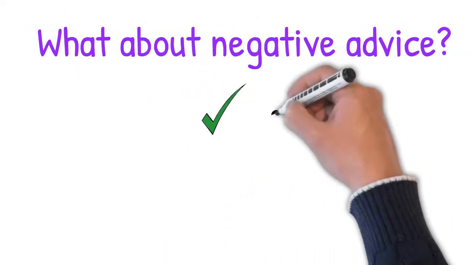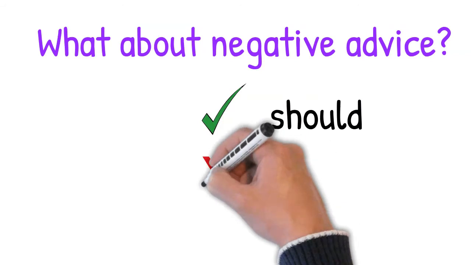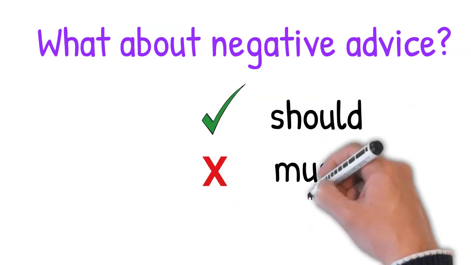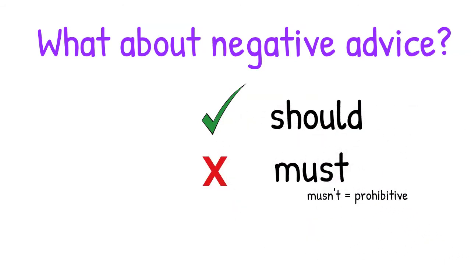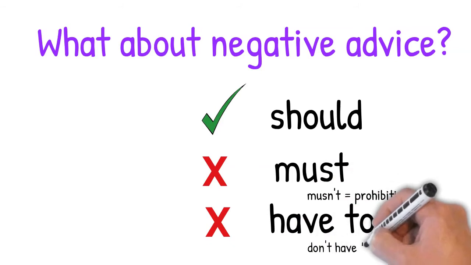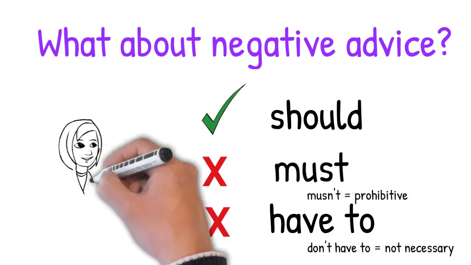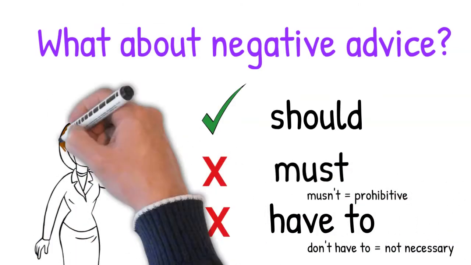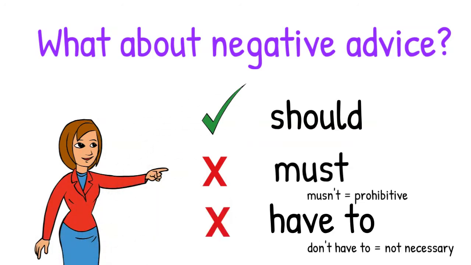What about negative advice? Which modal do you use to give negative advice? You should use should in the negative form, as in shouldn't. You cannot use must and you cannot use have to because they have different meanings. That's the problem with modals. They have different meanings in different situations, and that's what makes them hard.